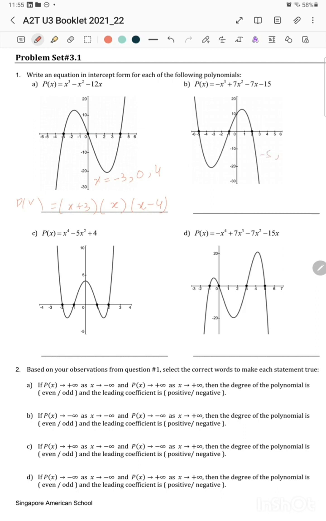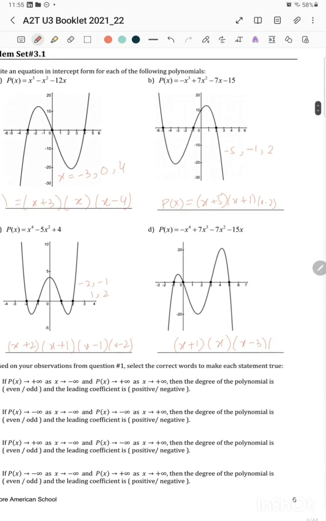With zeros -5, -1, 2: x plus 5, x plus 1, x minus 2. With zeros -2, -1, 1, 2: x plus 2, x plus 1, x minus 1. Here it would be x plus 1, x, x minus 3, x minus 5.